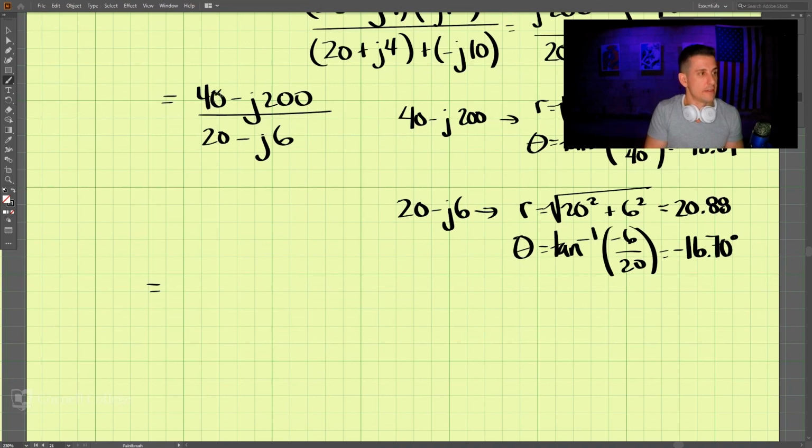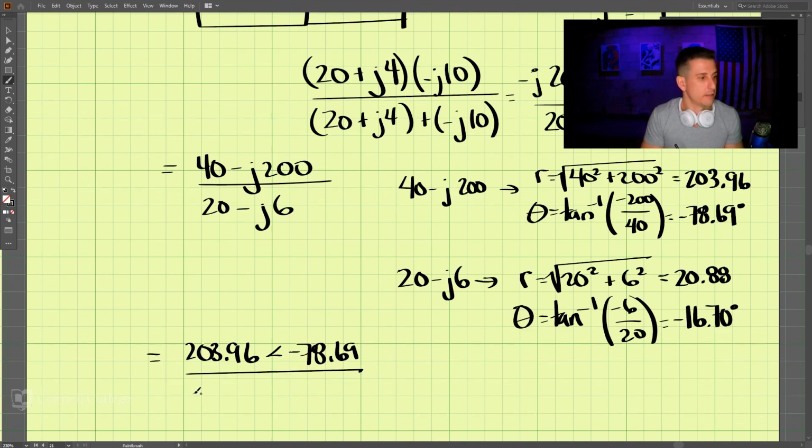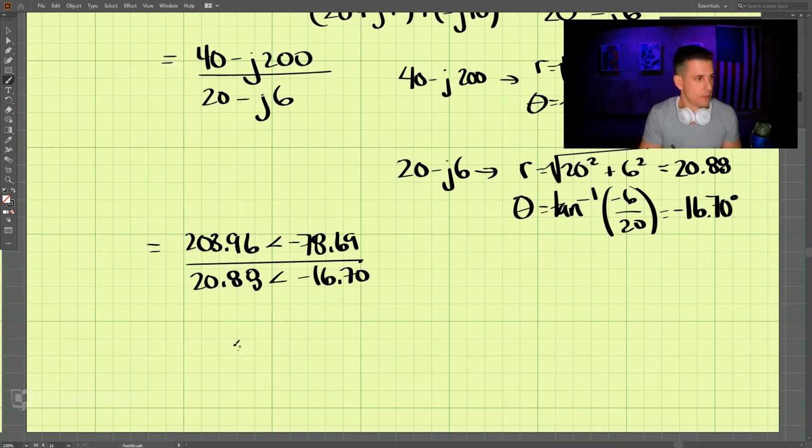Subbing these in, this first top part, we have 203.96 at an angle of negative 78.69 divided by 20.88 at an angle of negative 16.70. Okay, so that comes out to be 203.96 divided by 20.88.